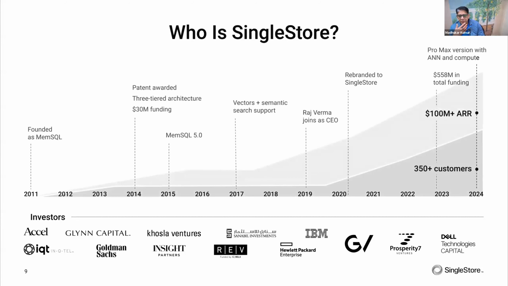In terms of our history, we are not new. We started in 2011, and we were known as MemSQL. And from MemSQL, because it was an in-memory distributed SQL database, we came up with a patented technology that moves the data from in-memory to your local disk and then to object stores, but it also stores that data in a patented technology called SingleStore or universal storage, which means it is stored as both row and columnar data.